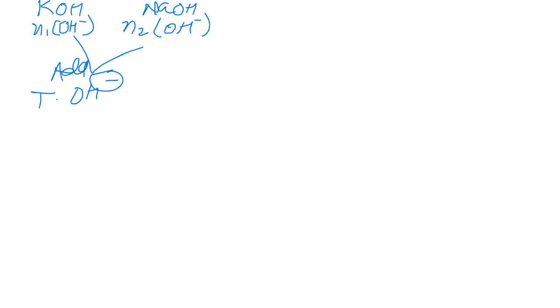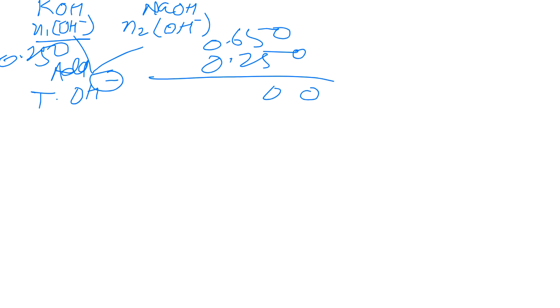Clear? Yes, teacher. Should it be two OH? No, sir, whatever value you get here, suppose you get 0.652 and here 0.250, then you add them, the total is 0.902. So this is the mole of both OH.